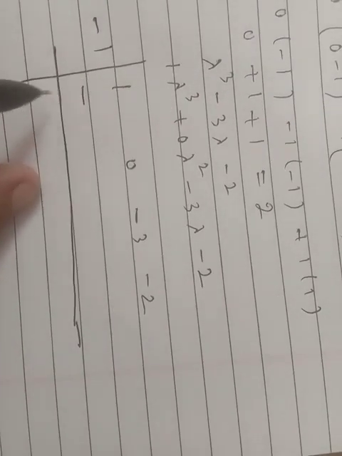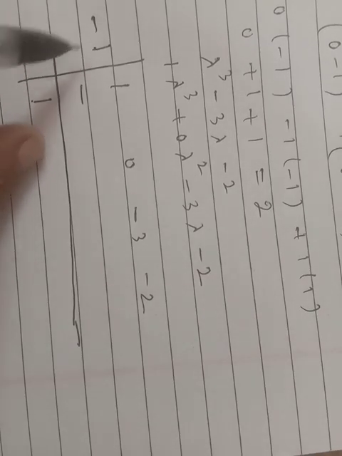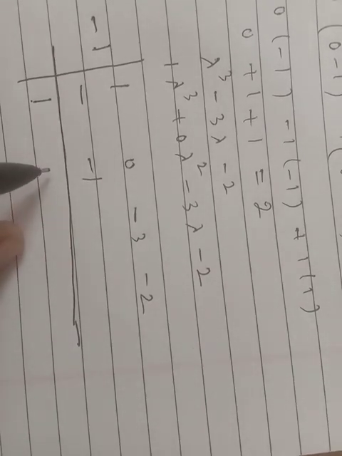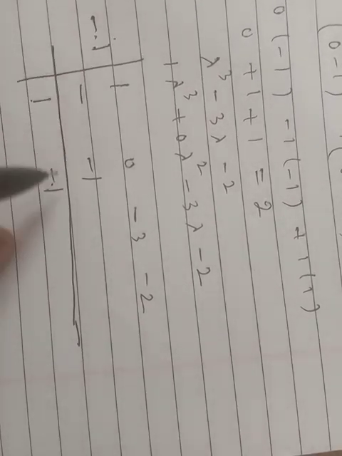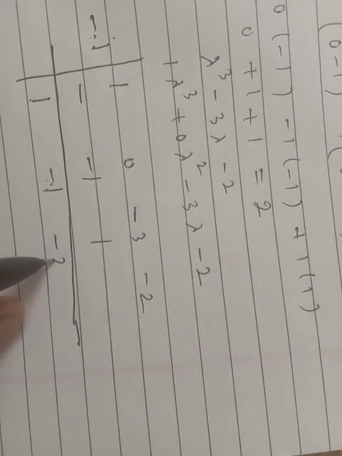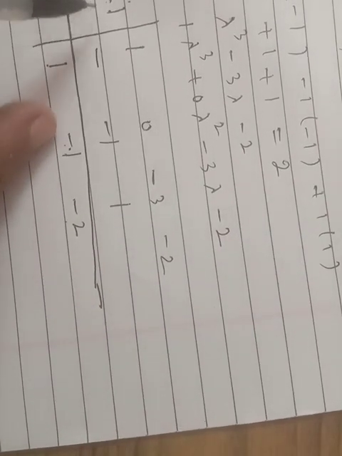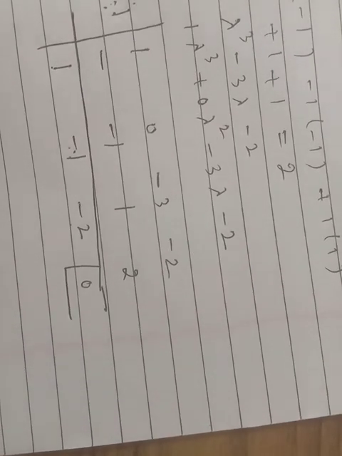First, bring down the 1 as it is. Multiply 1 into minus 1, gives minus 1, add to 0 gives minus 1. Multiply minus 1 into minus 1, gives 1, add to minus 3 gives minus 2. Multiply minus 2 into minus 1, gives 2, add to minus 2 gives 0.